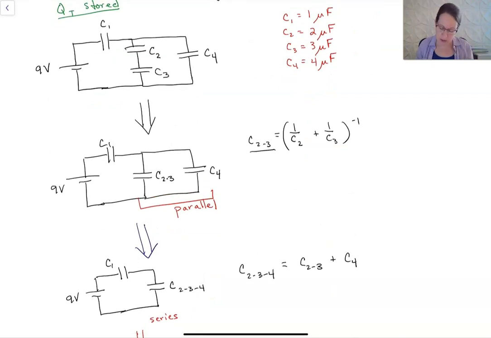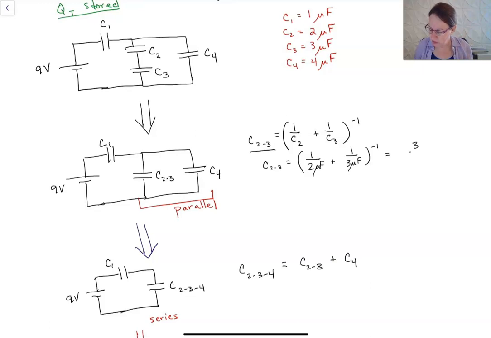C2 and C3, this equivalent capacitance, C23, is equal to 1 over 2 microfarads plus 1 over 3 microfarads, all to the minus 1. So I'm going to look for a common denominator, which would be 6.